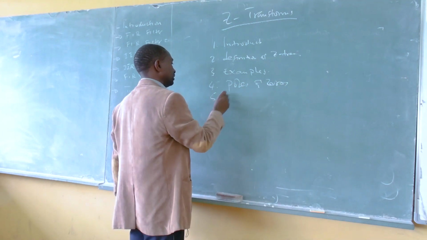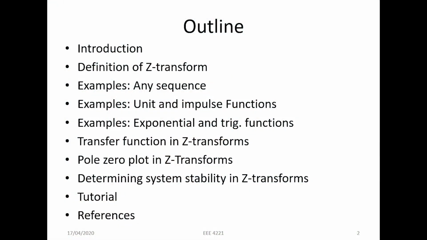And then this will lead us to the transfer function of Z transform functions, and then finally we'll look at how to determine system stability in the Z domain.